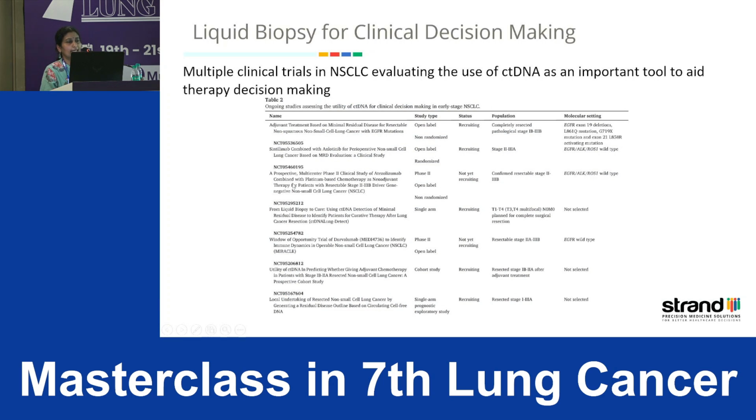This is about EGFR mutations and looking at minimal residual disease after surgery. Only if you see a particular variant, should you give an adjuvant treatment, or should you not give one. The data for these is upcoming, and it'll be out sometime.